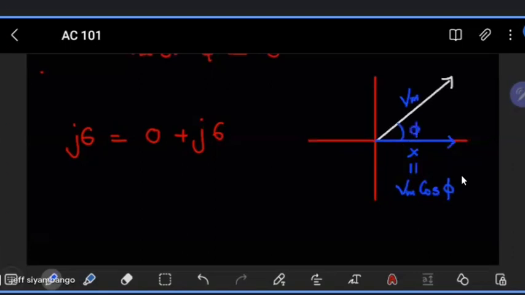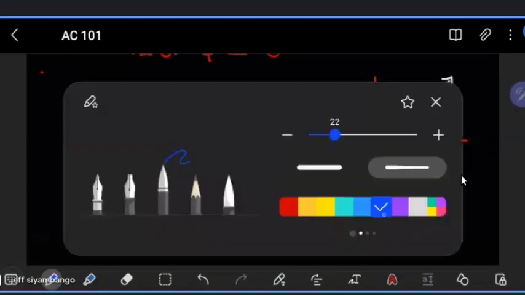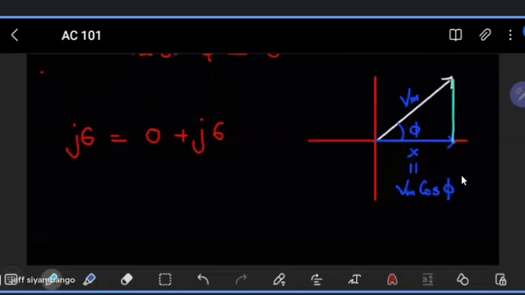So having done that, the next part is the y component. The y component is this side, and the y component will be given by Vm sine phi. Of course, you see, this is just opposite, and the hypotenuse is Vm. This is what is going to be the y. And we know a complex number as x plus jy.